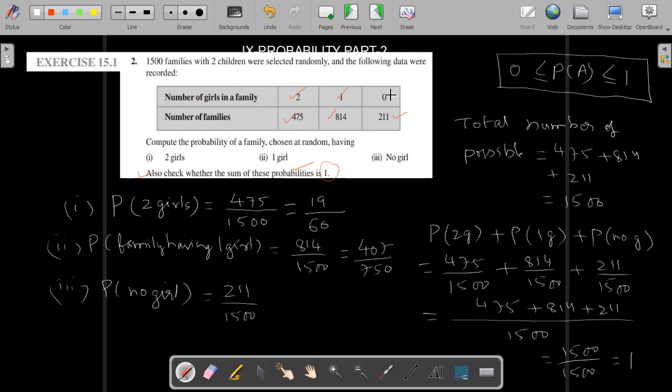So whenever any experiment is given, if nothing is missing, this total is always equal to the given number of families, or whatever the data is. Then the probability should always be equal to 1. This is always happening. Okay, got it?